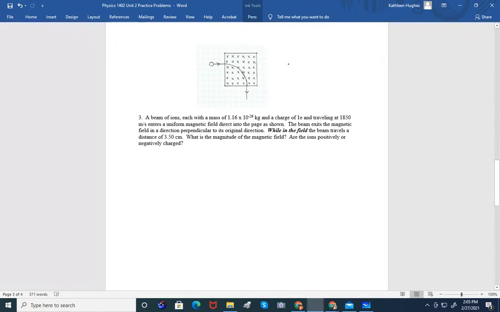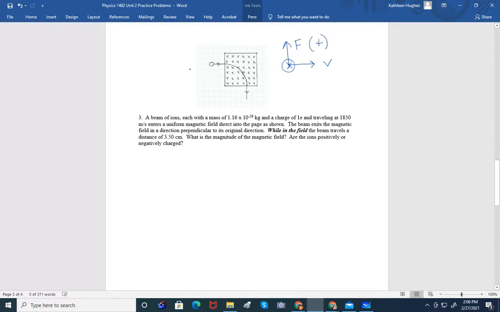We can see that if we think of here's our particle, that the velocity is to the right, and the magnetic field is directed directly into the page. So if we point our right hand to the right and we curl it into the page, we can see that the force would be directed straight up on a positive charge.